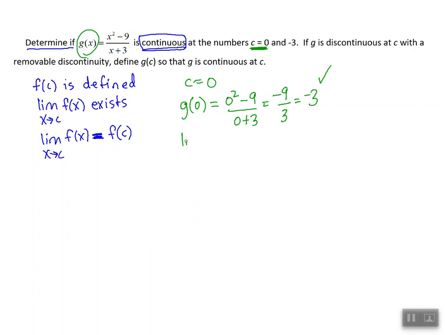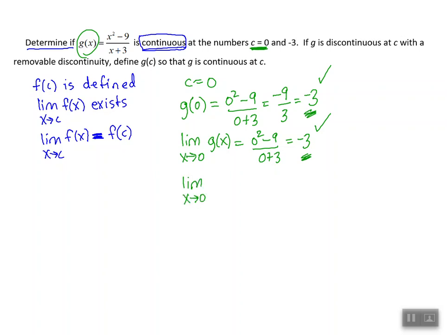Next, does the limit as x approaches 0 of g of x exist? Does it have a value? Well, let's take a look. Can I do direct substitution? 0 squared minus 9 over 0 plus 3 equals negative 3. Of course I can. I just did it in the previous one, and the limit exists, and then clearly those two values equal each other, so the third part also exists.